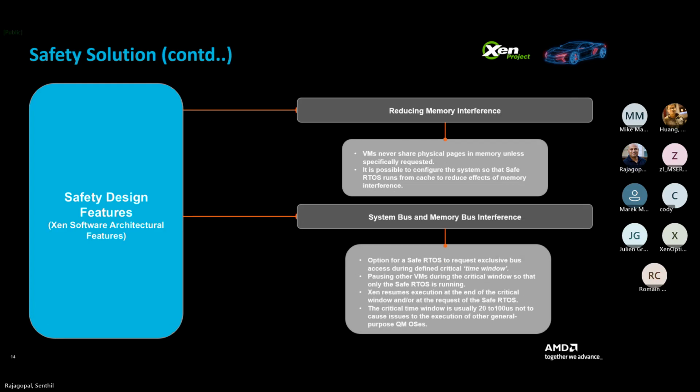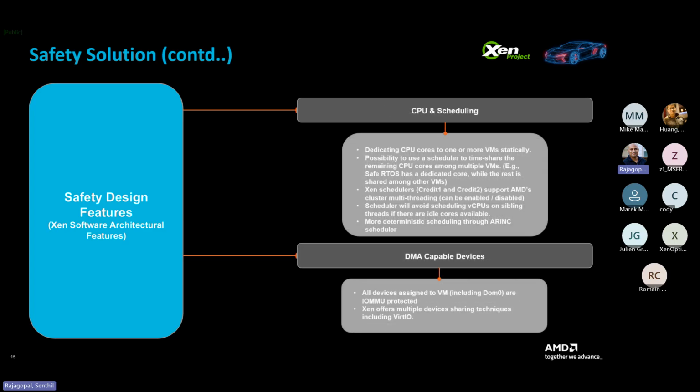I have around 40 slides, so I'm going to skip some of these architectural details and come to the core point. This CPU scheduling and these architectural elements directly connect to the temporal isolation property. So it satisfies all the needs from an architectural point of view to meet the functional safety standards.